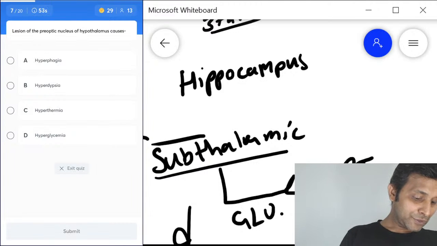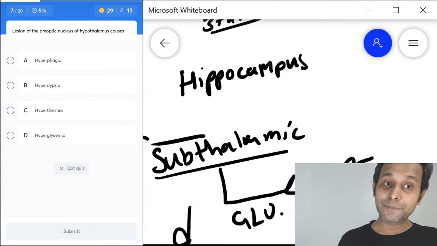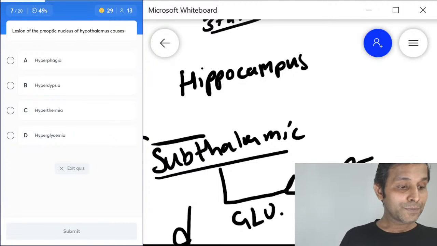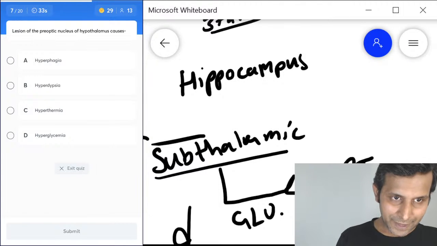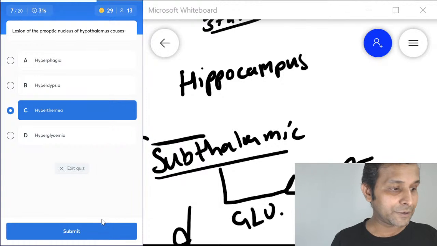The role of pre-optic nucleus is temperature regulation. So remember, the best possible answer is something related to temperature.